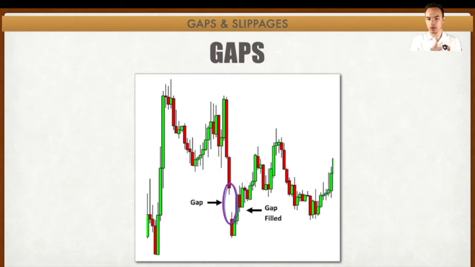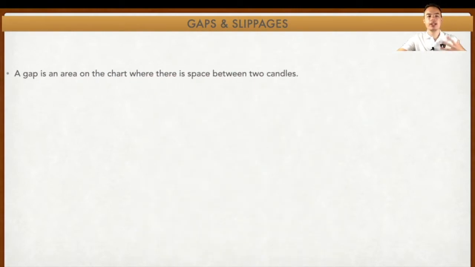As you can see on majority of these candlesticks in this photo, where the previous one closed, the next candle would open. However, you'll see there in the middle, circled with purple, there's a gap. Now, what is a gap? What does it mean? A gap, like I said, is an area on your chart where there is a space between two candles.